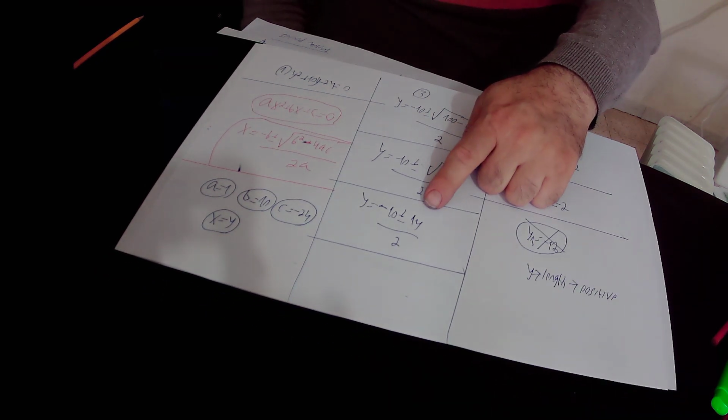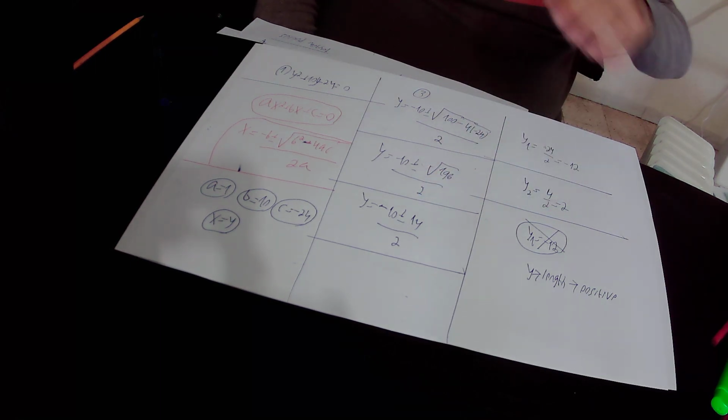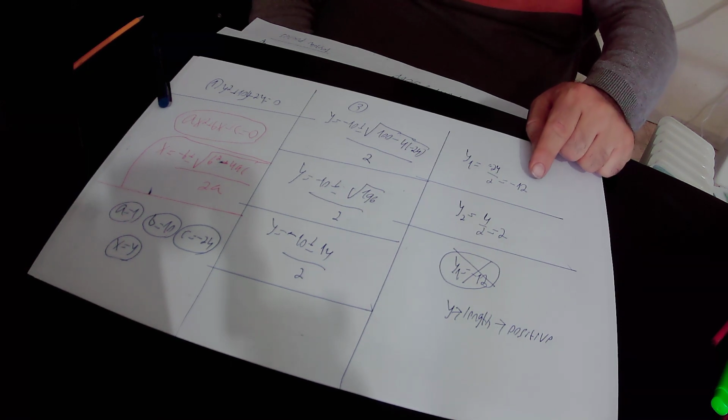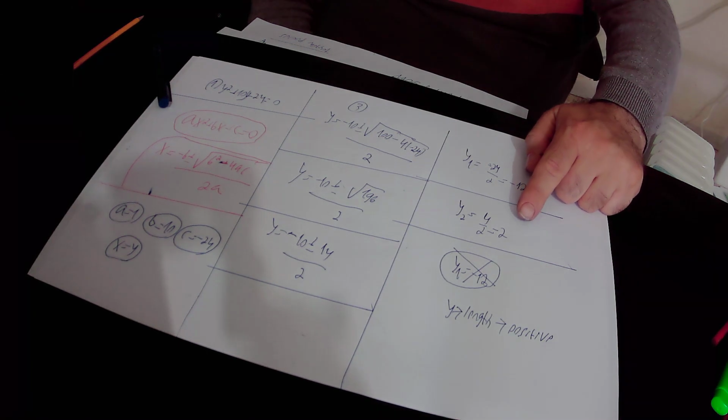So in conclusion, y equals minus 10 plus minus 14 over 2. So here we have two possible solutions for y. The first solution is y equals minus 10 minus 14, which is minus 24 over 2, that is minus 12. And the second solution is minus 10 plus 14, that is 4 over 2, which is 2.